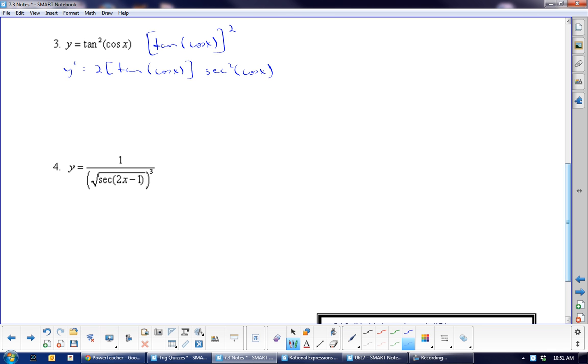This is kind of weird because there's a trig function within a trig function, but I'm still going to do the derivative, and then the derivative of cos x, negative sin x.